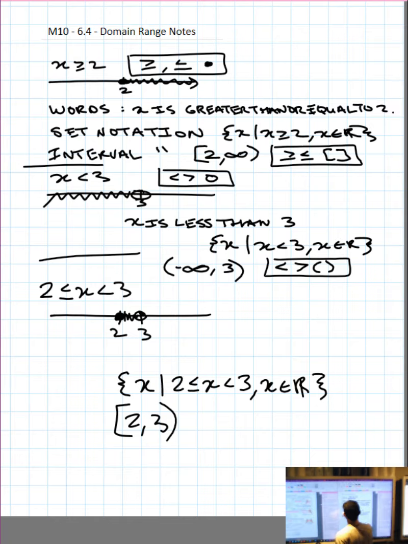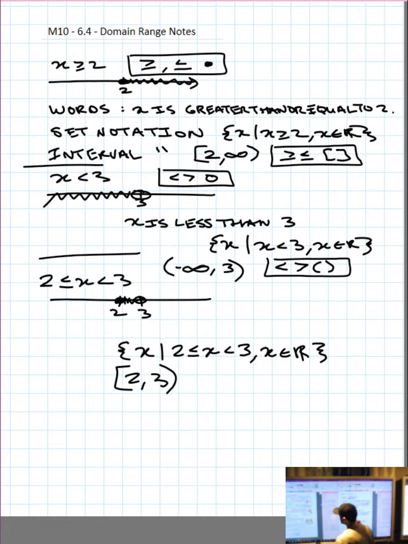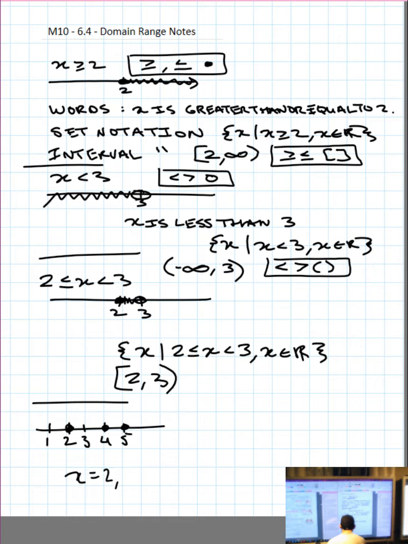Now the last example, way at the bottom of the page. If you get a number line with like 1, 2, 3, 4, 5, whatever, and you get the points 2, 4, 5, well, then you just say it in words, like x equals 2, 4, 5.